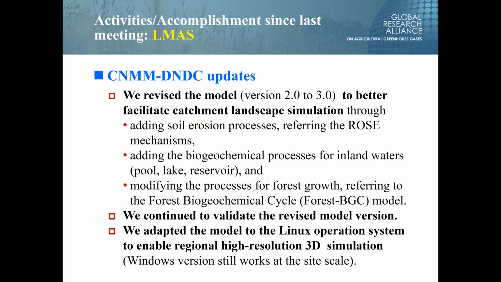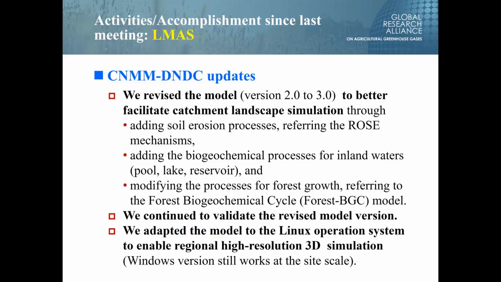In detail, we revised the model to better facilitate catchment landscape simulation by adding soil erosion processes, referring to the Rose model mechanisms, by adding the biochemical processes for inland waters, including pool, lake, and river, and by modifying the processes for forest growth, referring to the forest biochemical cycle model.